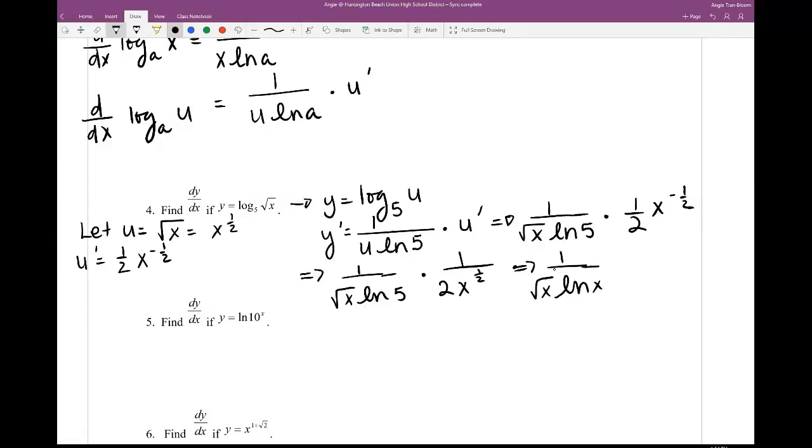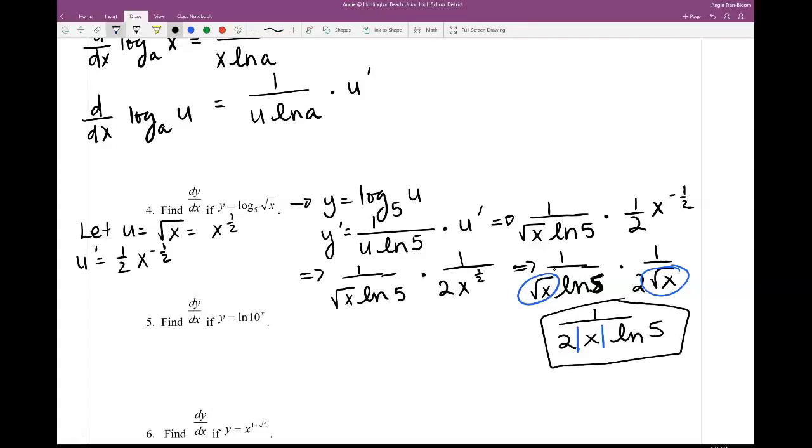So square root of x times ln of 5 times 1 over 2 square root of x. But as you can see, you can totally simplify square root of x times square root of x. So with that said, it's 1 over 2 square root of x times square root of x. It's x, that is true. But because the original value here cannot be negative, I'm going to put absolute value around it, and then times ln of 5, and that is your final answer.